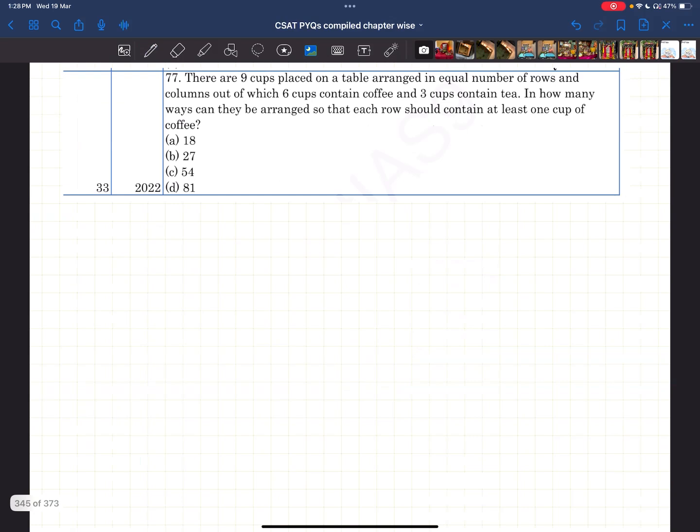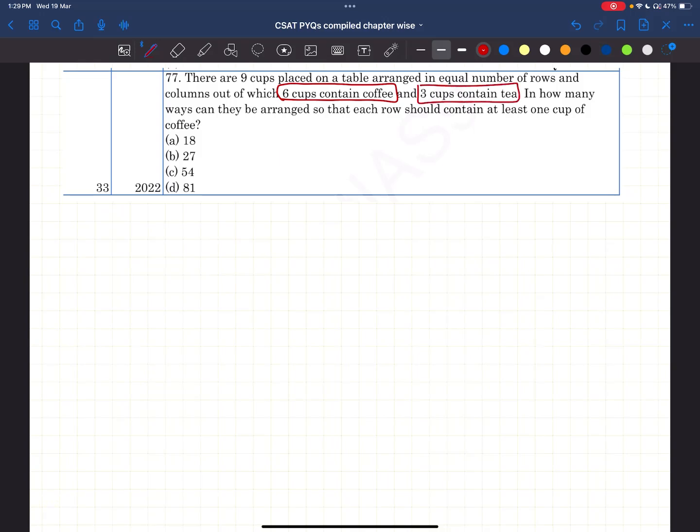There are 9 cups placed on a table arranged in equal number of rows and columns, out of which 6 cups contain coffee and 3 cups contain tea. In how many ways can they be arranged so that each row should contain at least 1 cup of coffee?